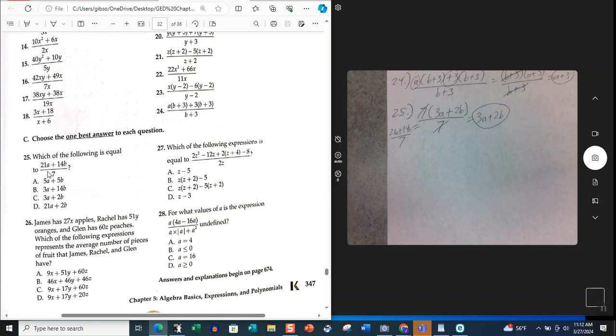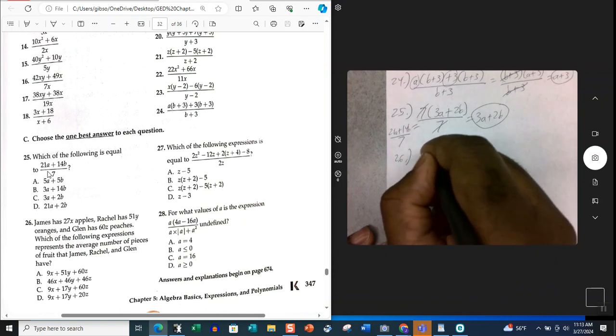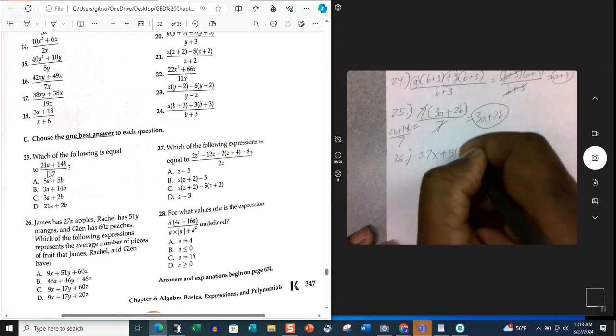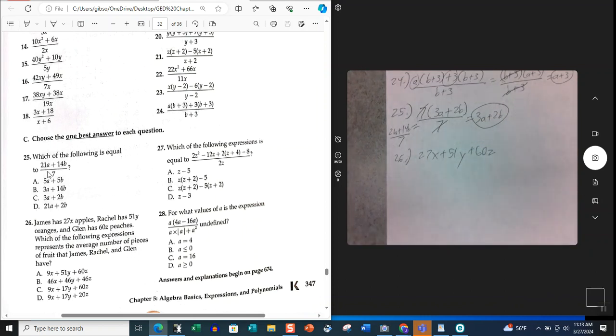So let's take a look. For 26, we had 27x plus 51y plus 60z. Now they asked us for the average.